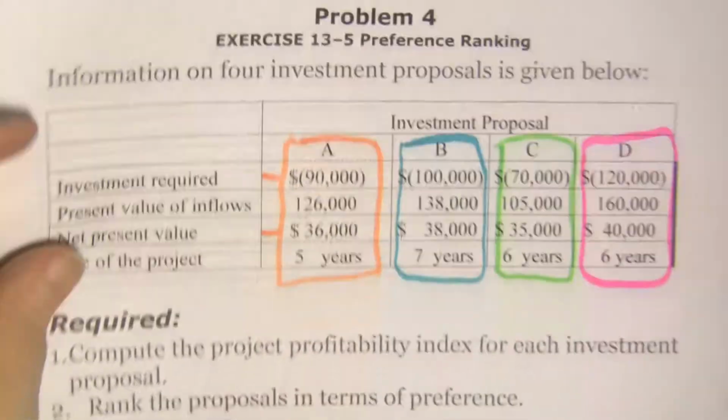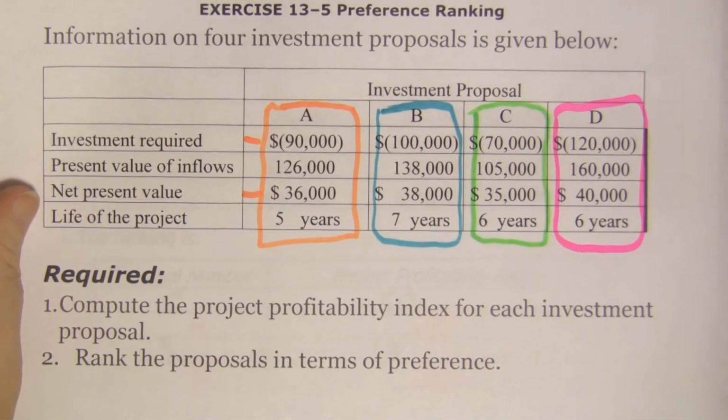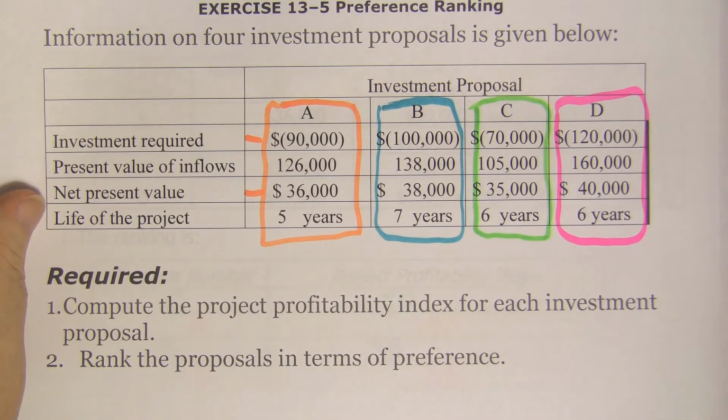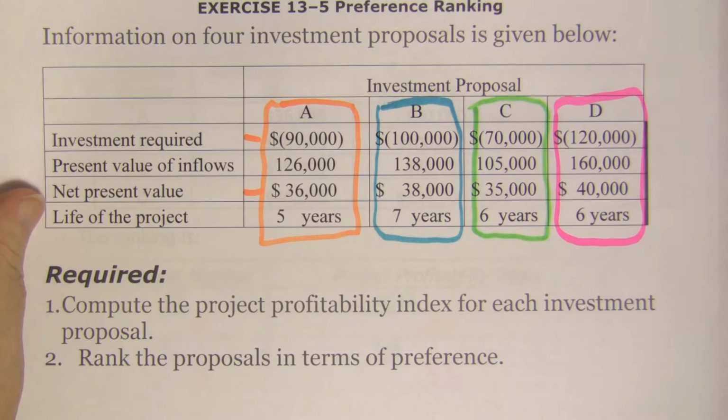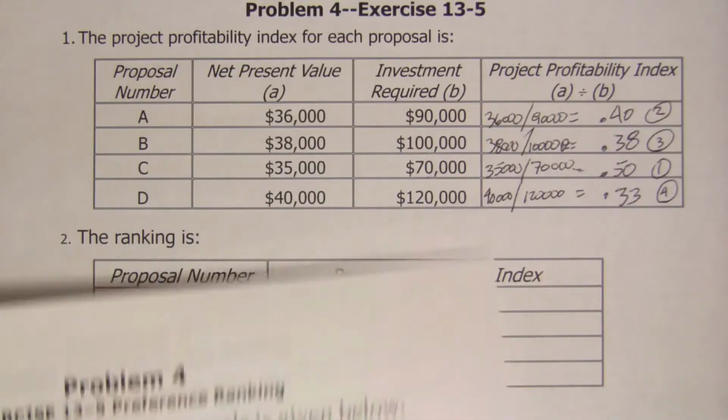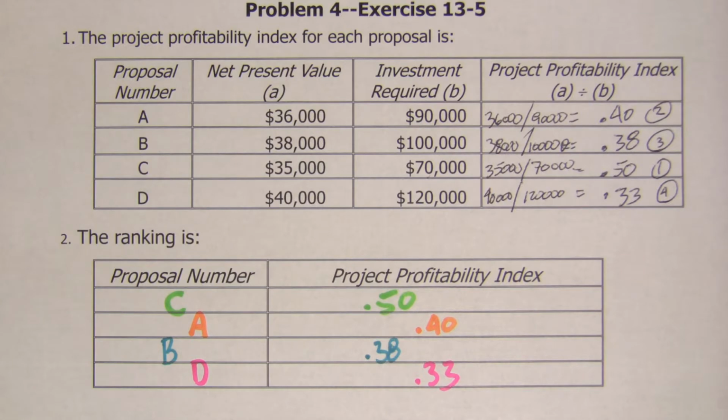Notice that project D has the highest net present value. But when you factor in the investment, the life of the asset or life of the investment, and the value of the inflows, the net present value, it has the lowest profitability index.